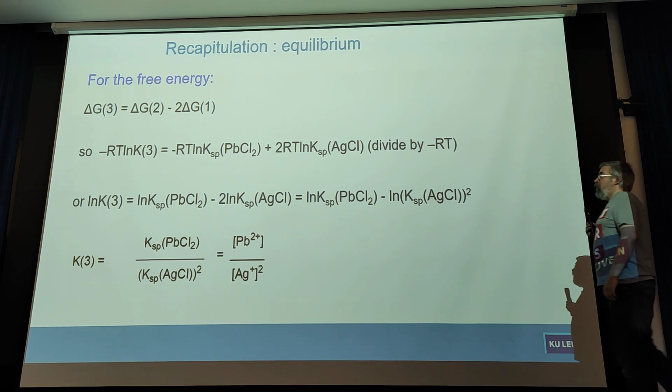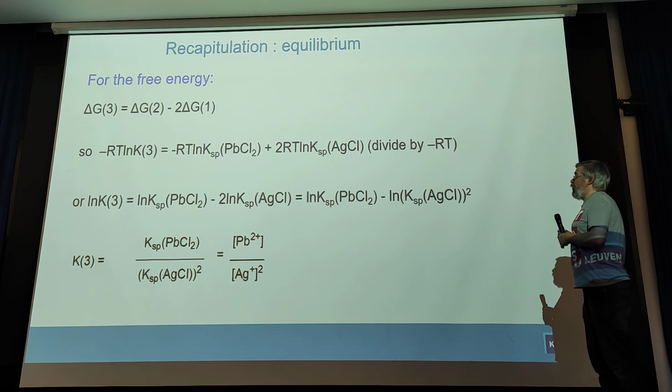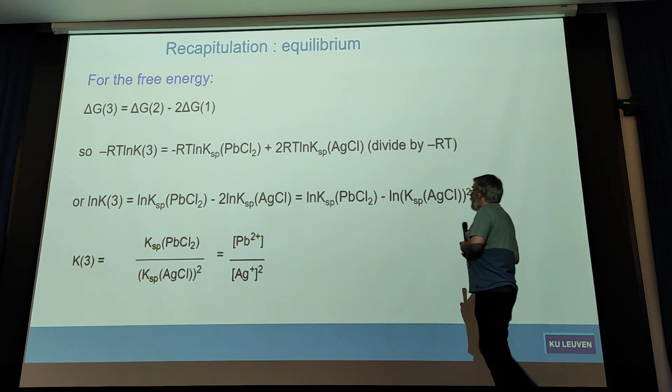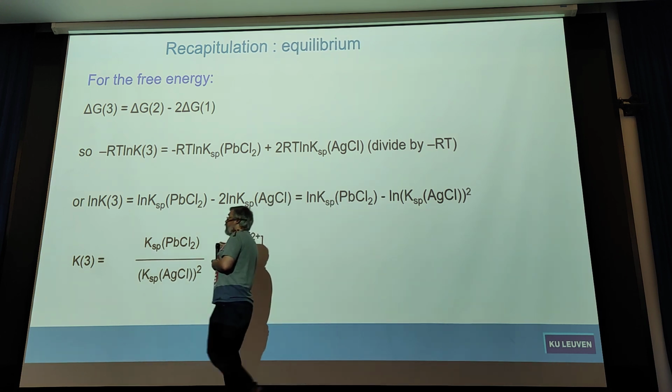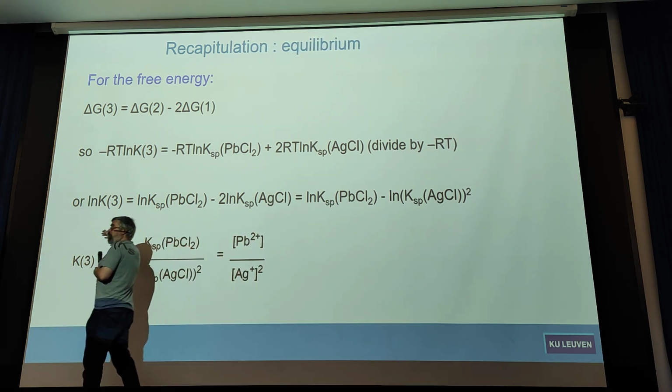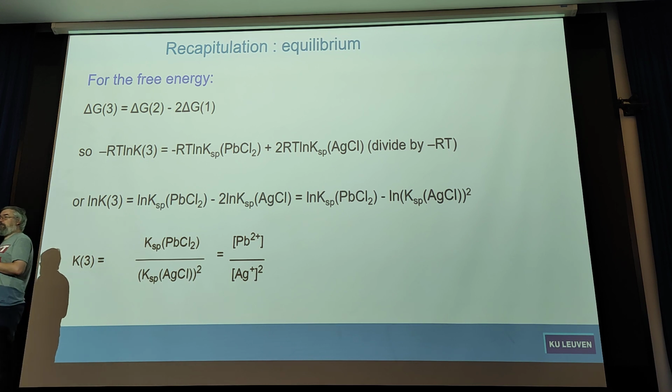Okay, so now everything is converted from the logarithm back to the ground number of the logarithm. That means now it's K3, and this is KSP of lead chloride.